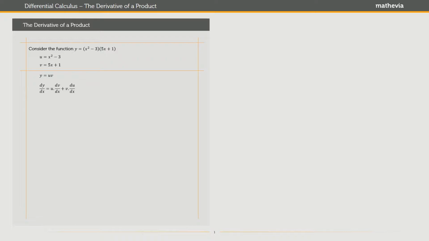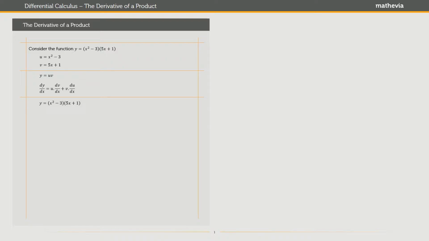We take the first function, u, and then we multiply that with the derivative of the second function v with respect to x. Okay, so keep u constant, differentiate v, all right, and then we add this to v, differentiate u. Okay, so we keep v constant and we differentiate u, and that is pretty much how you find dy/dx when you're working a product.